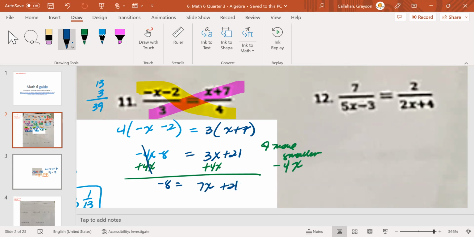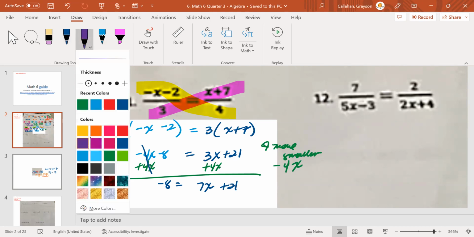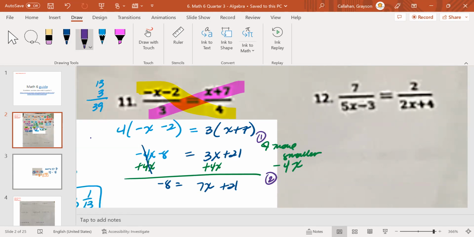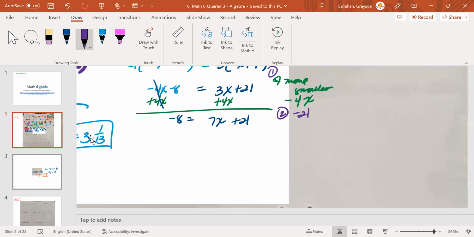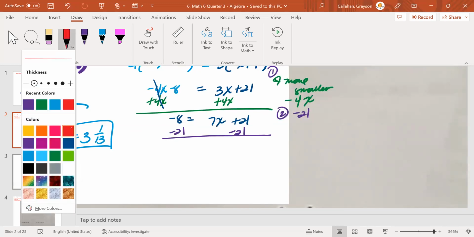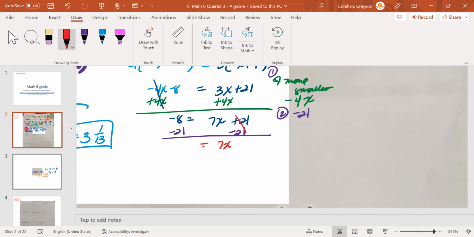7x plus 21. Next step. Step number 2. You want to subtract the 21. Because remember, once you get the x on one side, you want to get rid of the number. Minus 21 on both sides. When you do that, 21 cancels, bring down the 7x, you get negative 29. Third step, divided by 7.